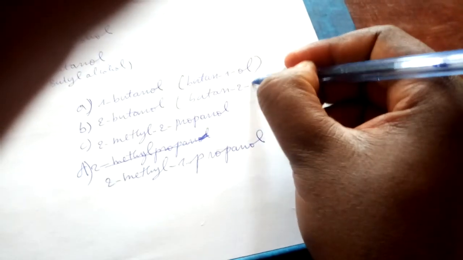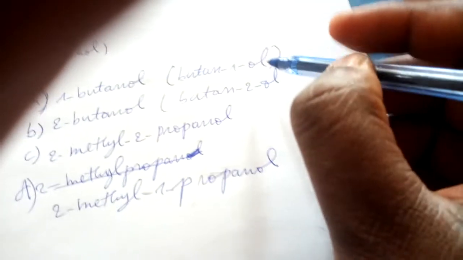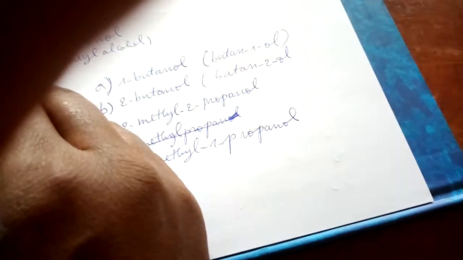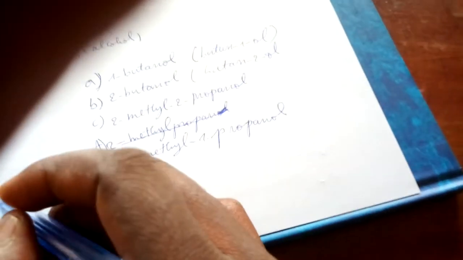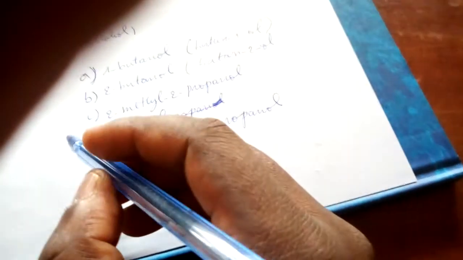For example, butan-1-ol, butan-2-ol. Here, what we have to know is that on A, the oxygen, which is the function, is bonded to the functional carbon, and the functional carbon is bonded to one atom of carbon.